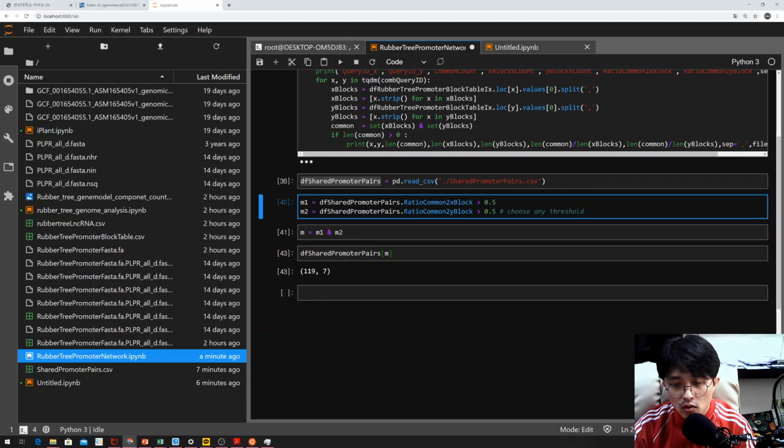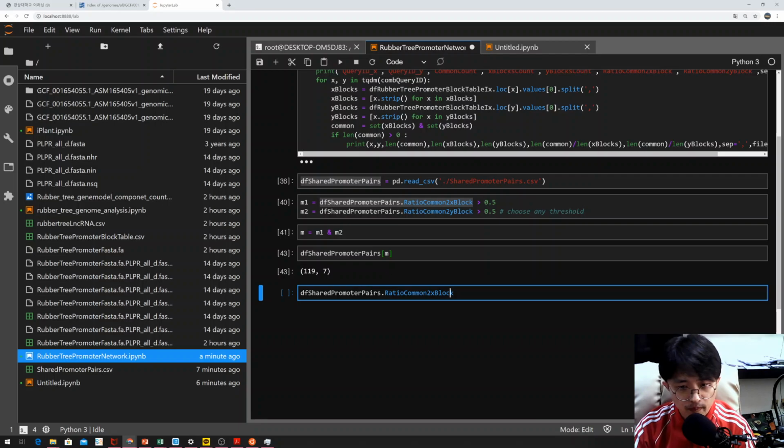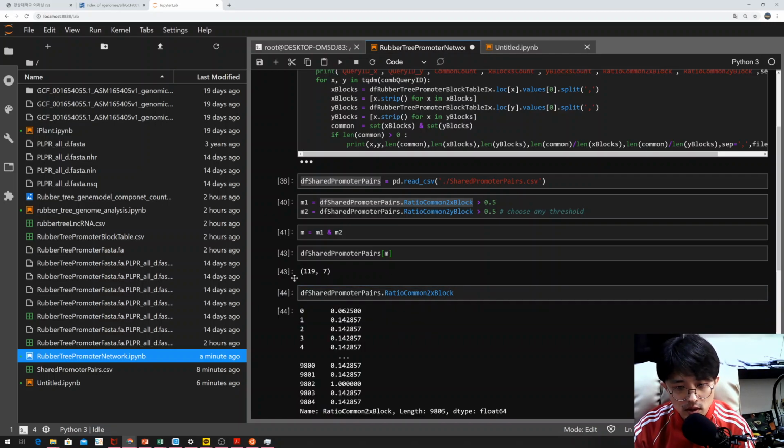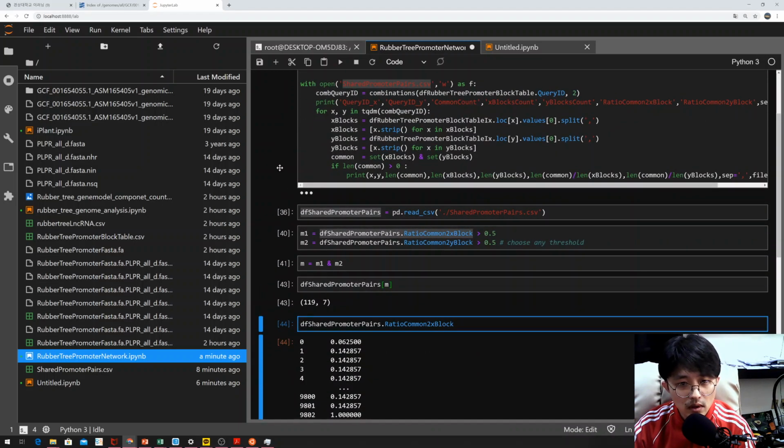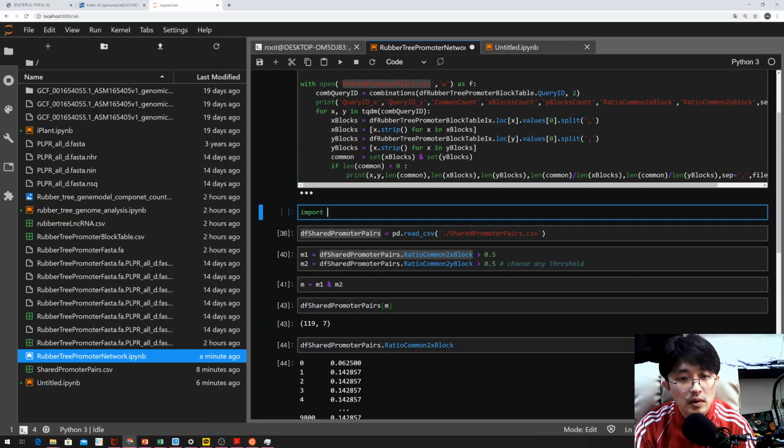So maybe someone will ask me, do we have to choose any threshold? Is this up to my mind, or can we select this number more systematically? Yes, there is a way. We can see the distribution of this number because we already observed it. Then maybe we can import matplotlib pyplot as plt, right?